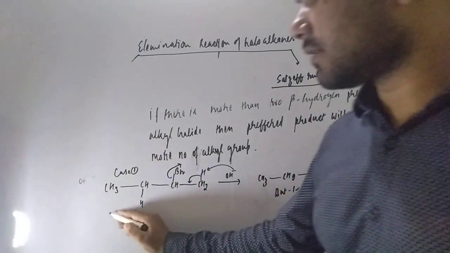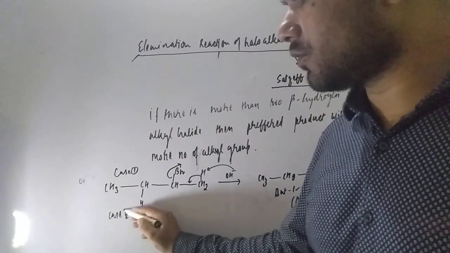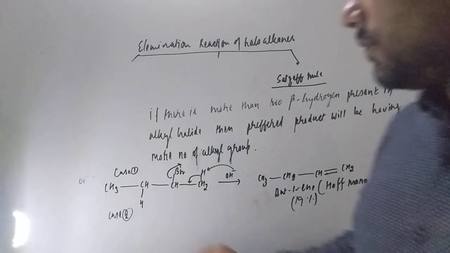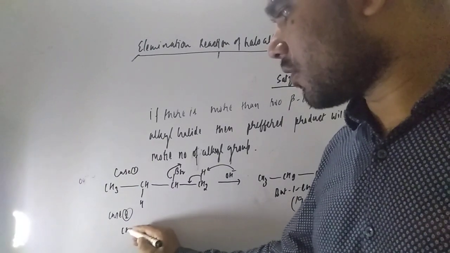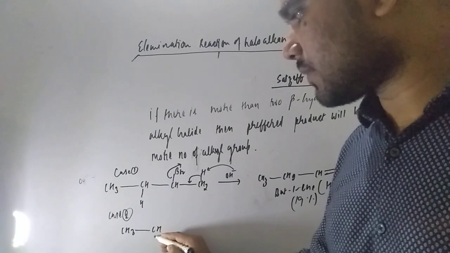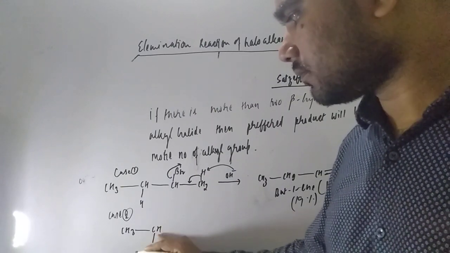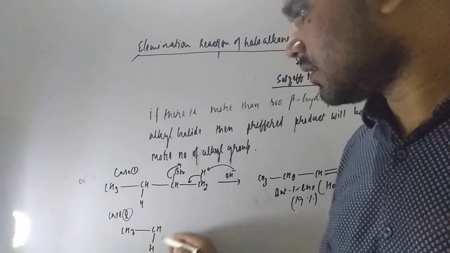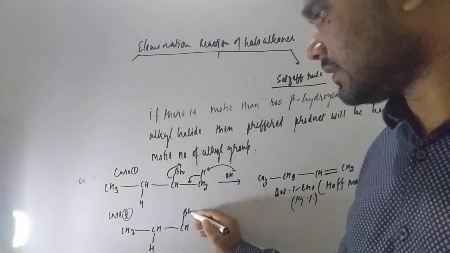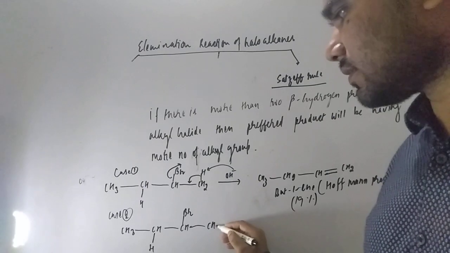Now you see case number 2 for the Saytzeff rule. So dear students, for the same compound I am writing CH3, and that will be CH. Okay, suppose this hydrogen is here, and here is CH, and Br is as it is, and here is CH3.